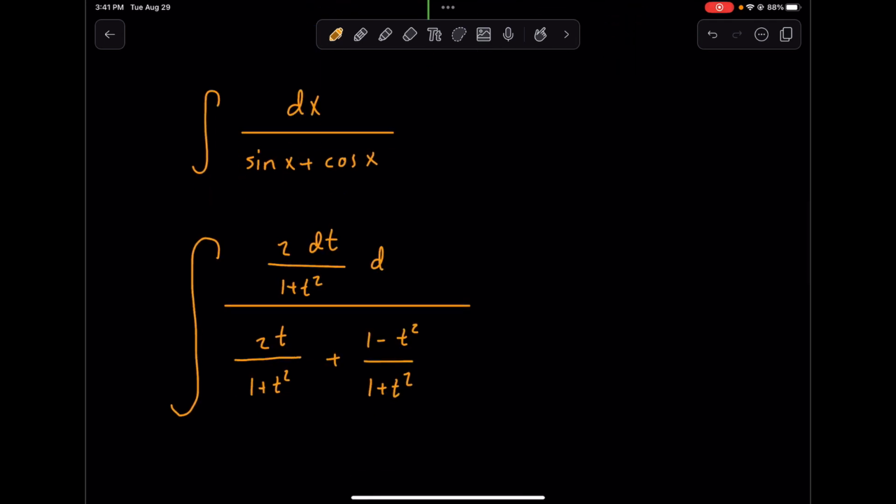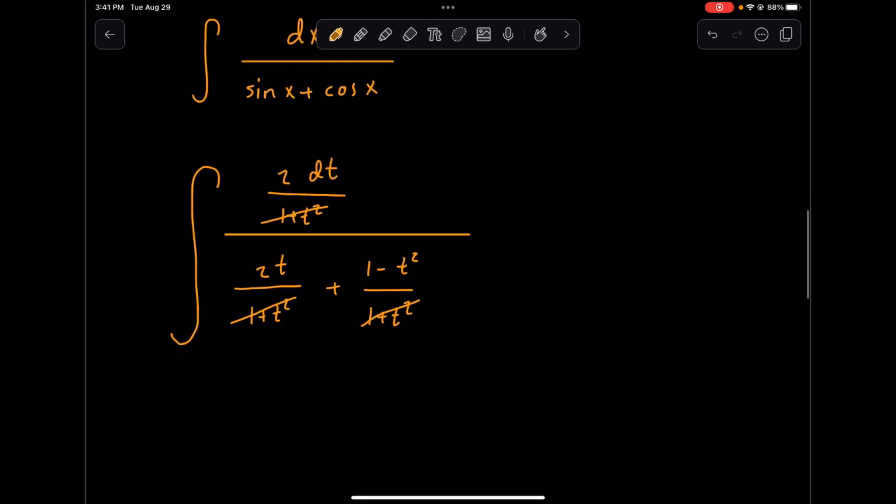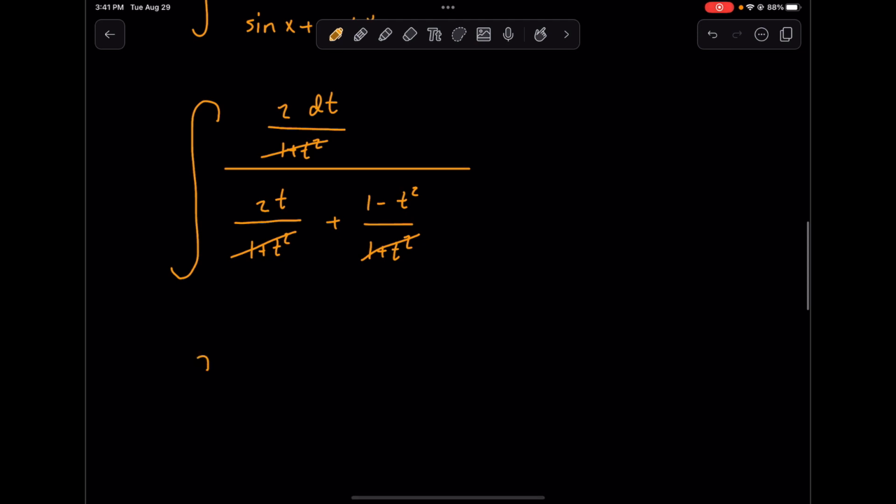And we have our dt up here. So now we can go ahead and cancel all of these 1 plus t squareds from each piece, and we're left with 2 dt over 2t plus 1 minus t squared.